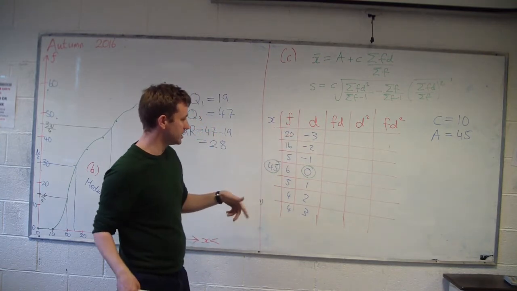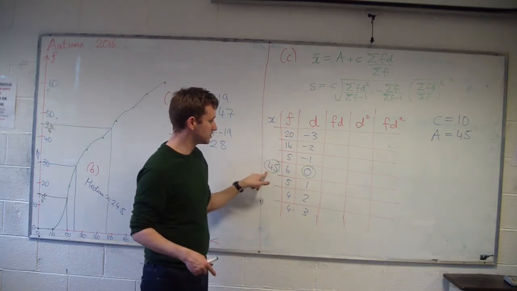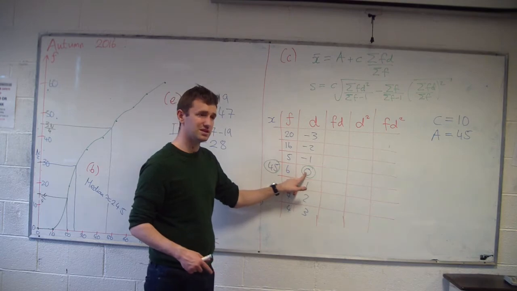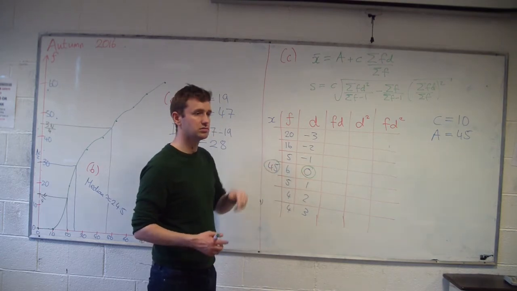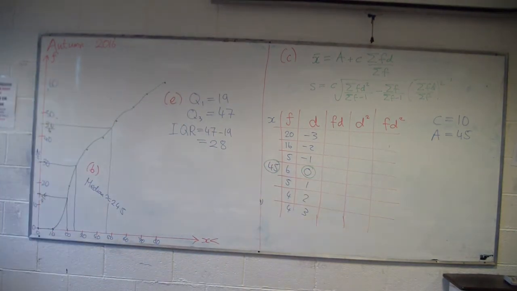If you pick the middle one, it's 0 in the middle, then count up and count down. You just assume 45, between 40 and 50 in the original table, and that's where the 6 is coming from.